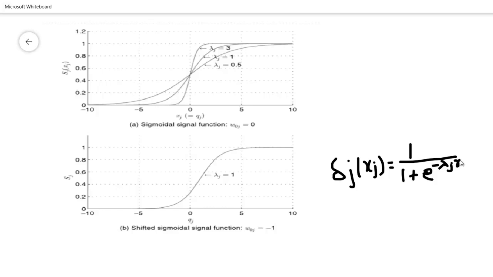So this is the equation for the sigmoidal signal function.